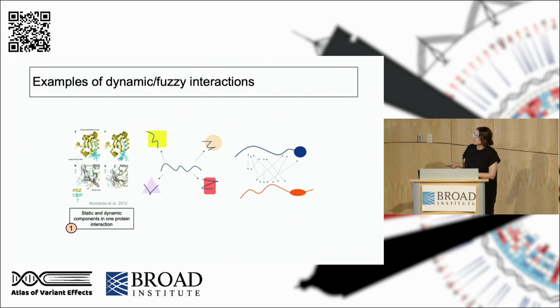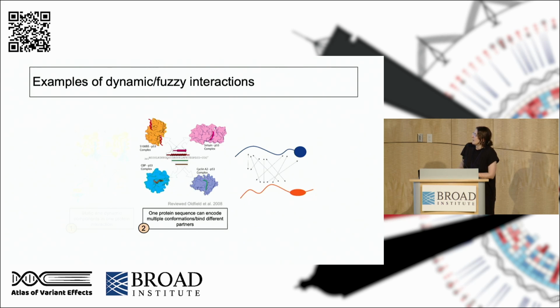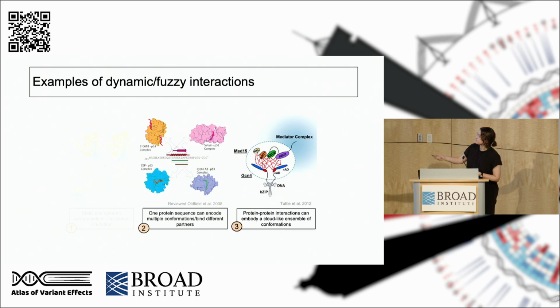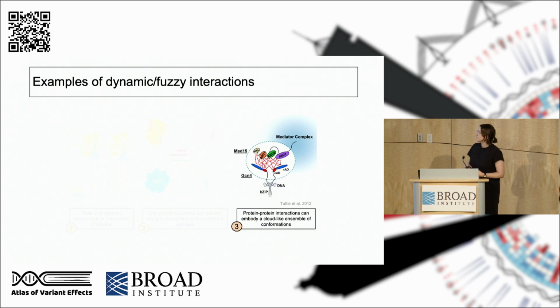And this is a foreshadowing of what I'm going to be telling you about today. You can have one protein sequence that encodes multiple conformations, and this is an example of p53, which can interact with different partners based on post-translational modifications. And you can have protein-protein interactions that actually embody this cloud-like ensemble of conformations, such as in this example of GCN4 binding to MED15.